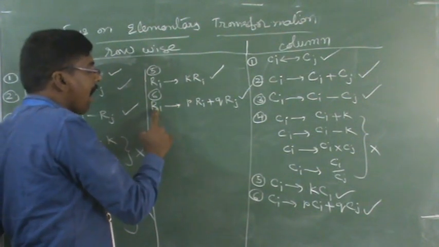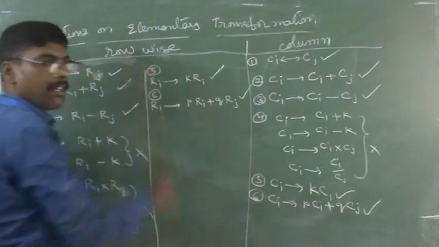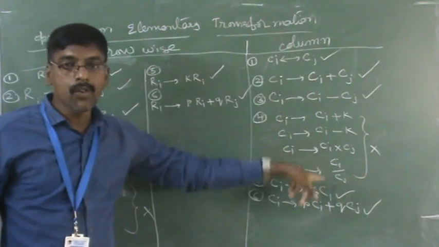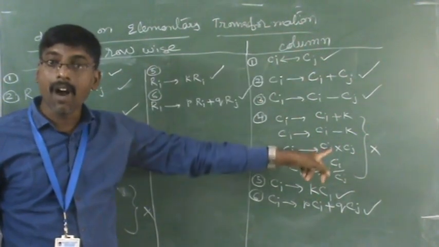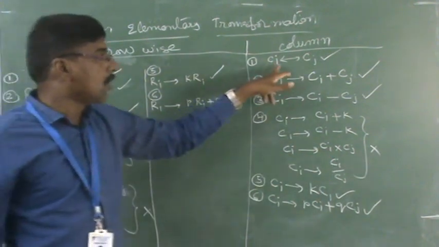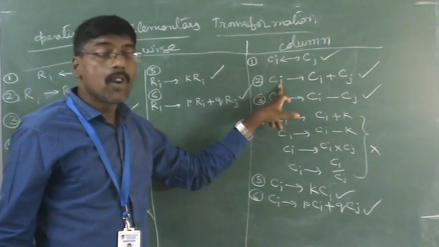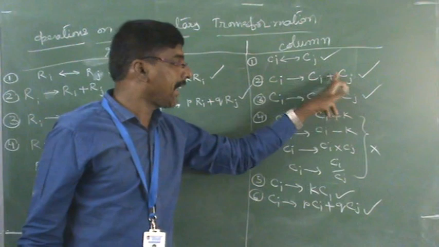Then Ri can be written as P Ri plus Q Rj. This is also applicable. Same conditions we are using for column wise also. That is, two columns interchanges, applicable. Then two columns adding, two columns subtracting, applicable.